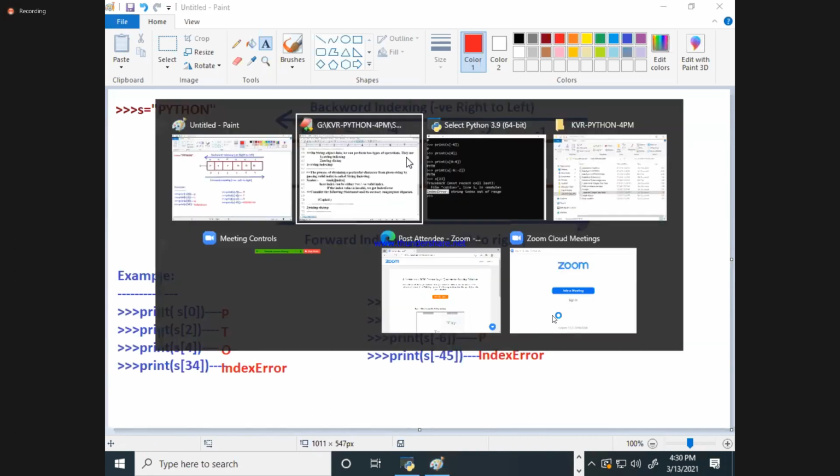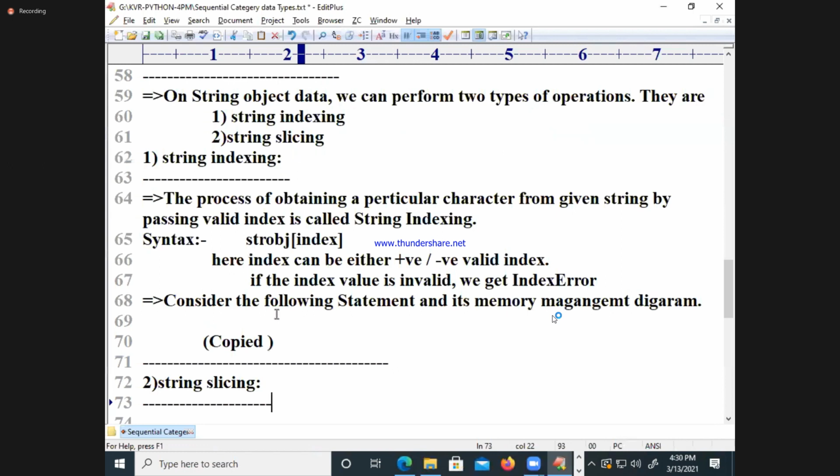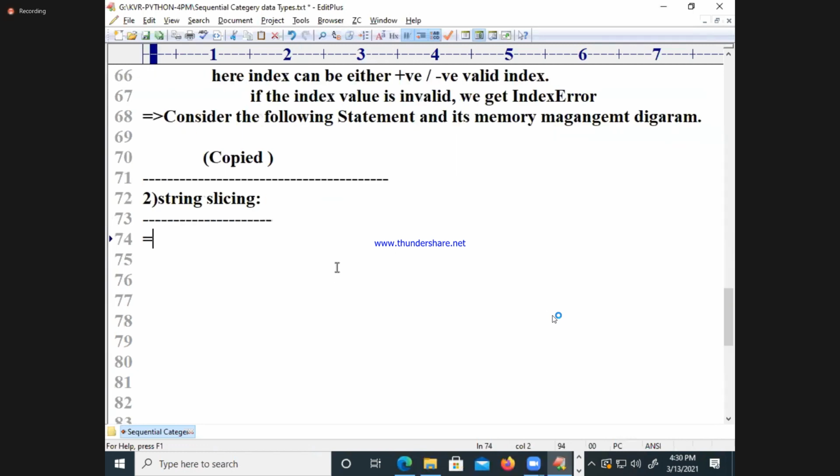So what is the definition of slicing, all of you? Write down. Definition please. The process of obtaining a range of characters, a substring, is called string slicing.